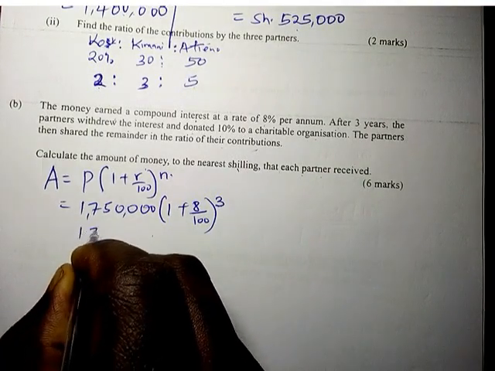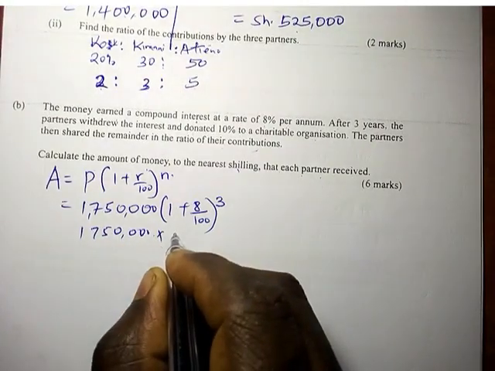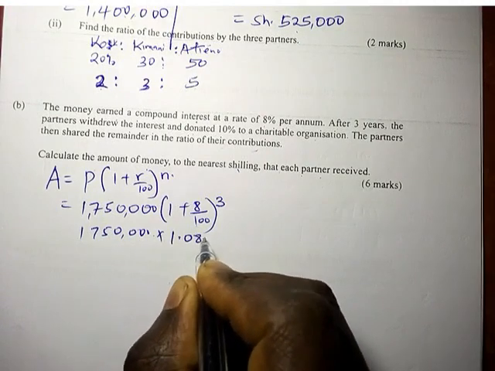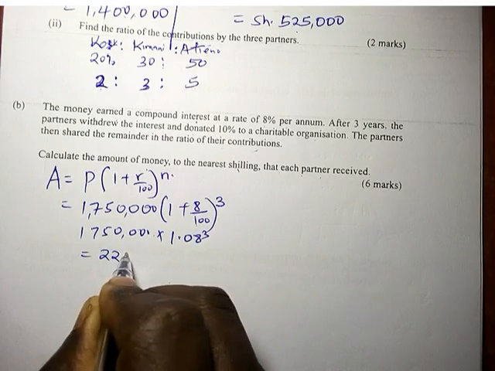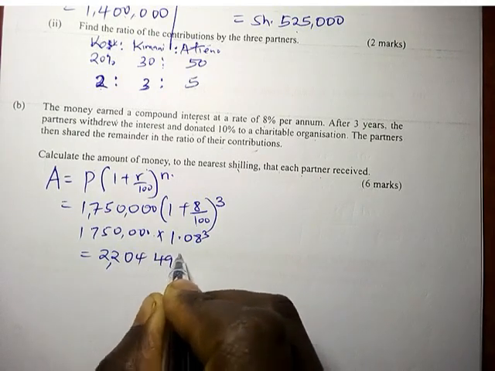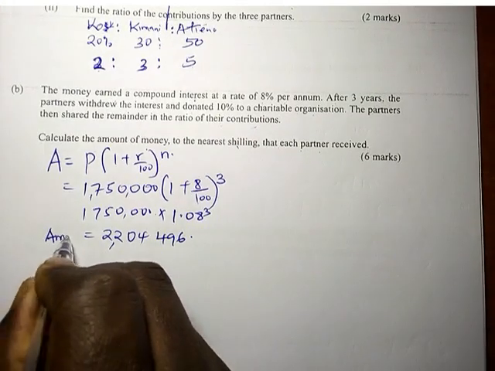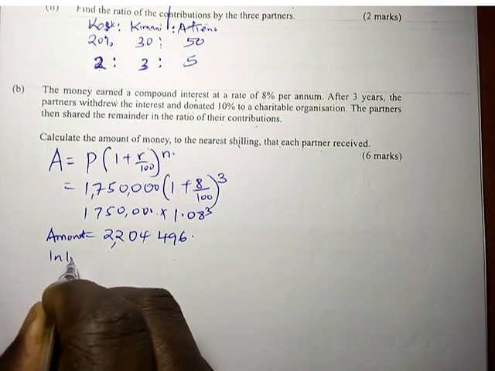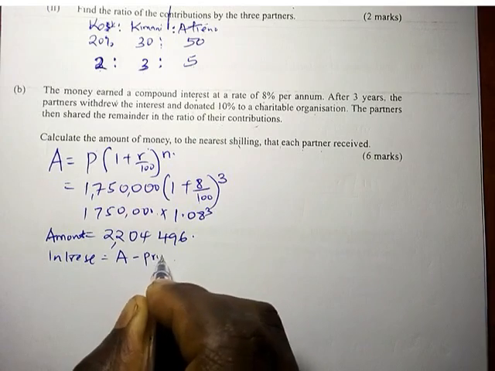This one will be 175 times 1.08 raised to power 3, and that will give us 2. So this is the amount. But remember, interest is equal to amount minus principal.